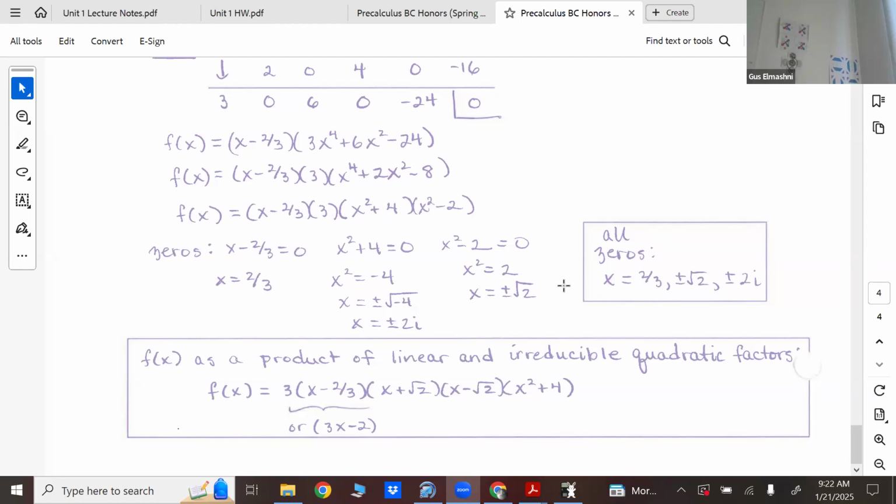Technically speaking, irreducible is only when you have imaginary zeros. Okay, my answer is that. So next, that's the correct answer. Look at the top, x minus 2.